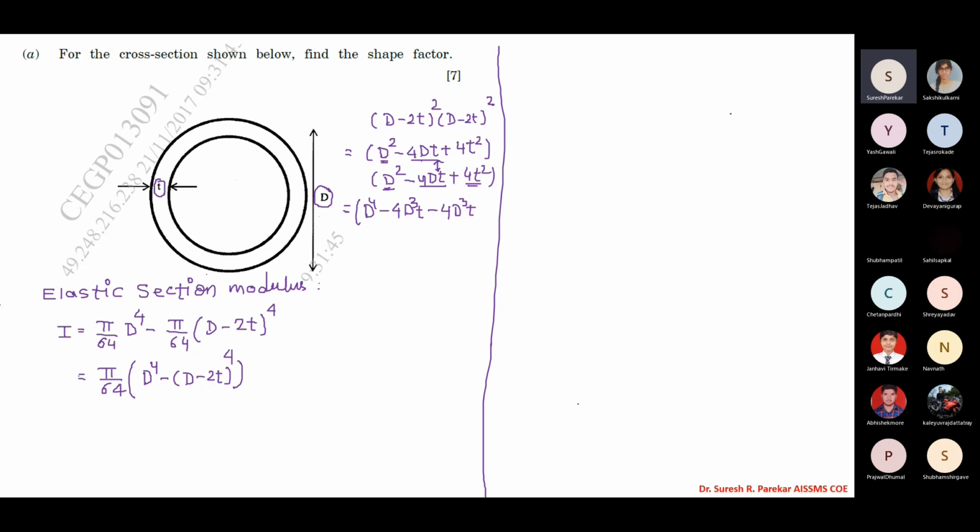Other terms are neglected because 4dt into 4t square gives t cube, and if we multiply by 4t square, every term will be with t square. So we are going to neglect these terms. So we can write here, neglecting t square and above terms.